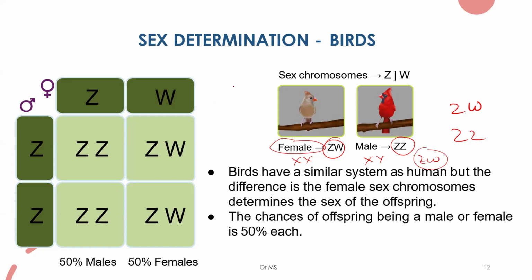So what determines sex in birds? Is it determined by the female or male? It is determined by the female. And what chromosomes are present in the female? ZW. Whereas in the males, it is ZZ. And here also, ZW and ZZ, it's all a matter of 50% chance. 50% could be female birds and 50% could be male birds. Is that clear?